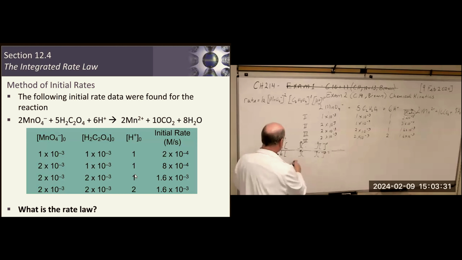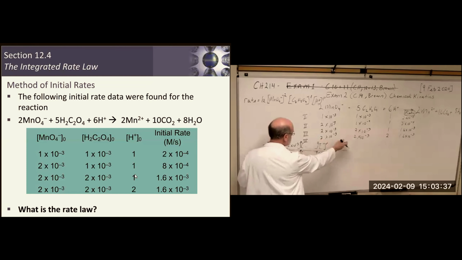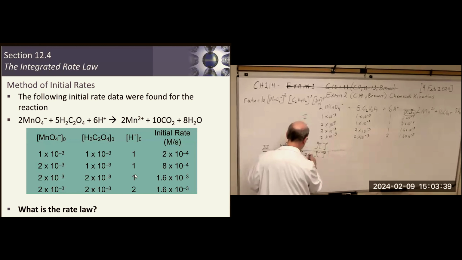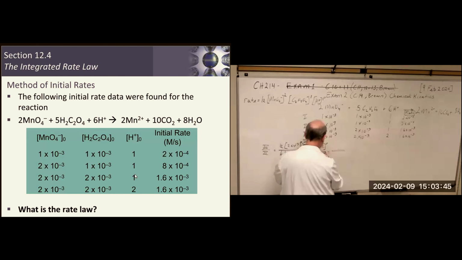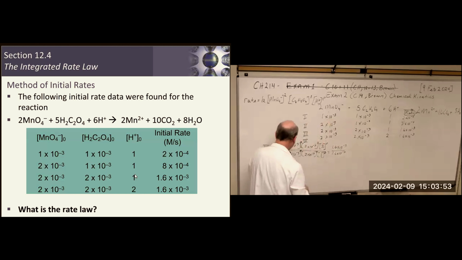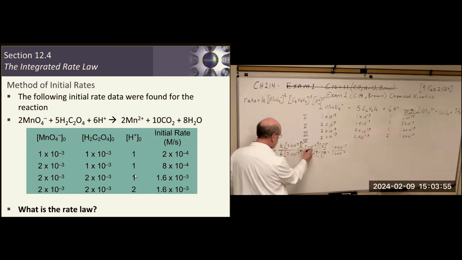Okay. So these are going to be 2 times 10 to the minus 3, 2 times 10 to the minus 3. These are going to be the same, 2 times 10 to the minus 3. And these are going to be 2 and 1. This is going to be 1.6 times 10 to the minus 3, 1.6 times 10 to the minus 3. Okay. So these cancel, cancel, cancel, cancel.